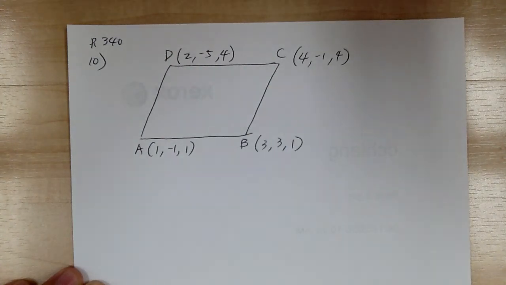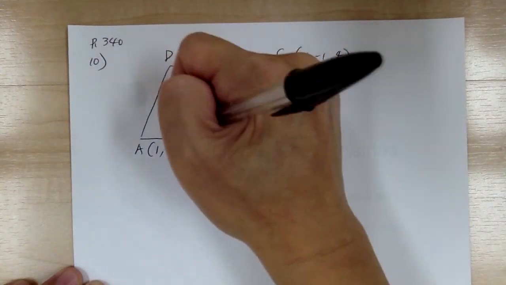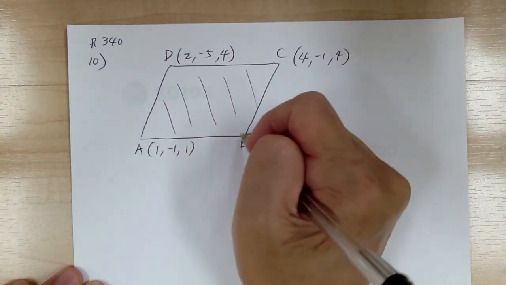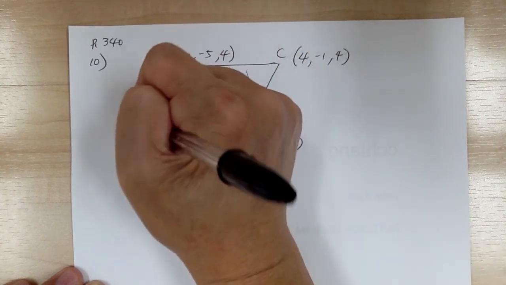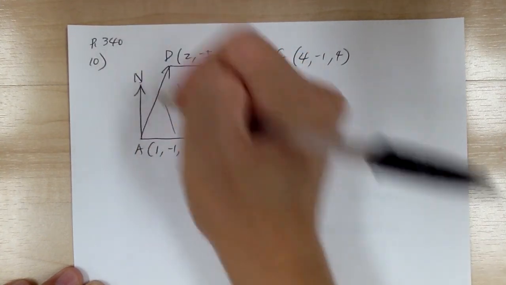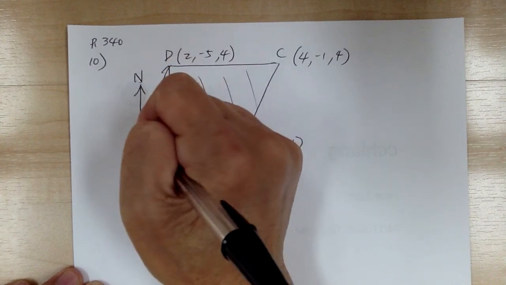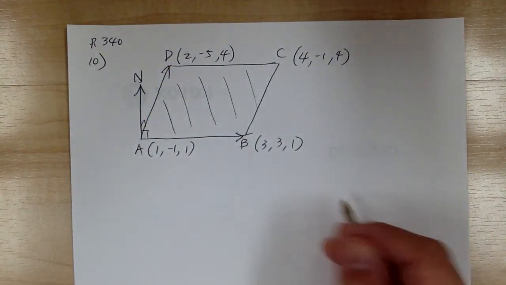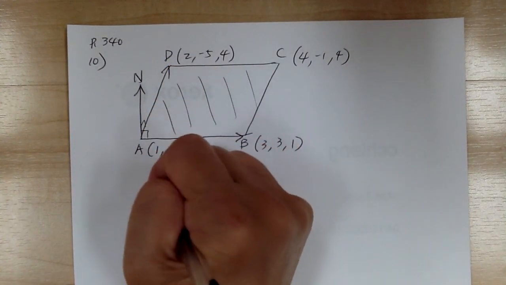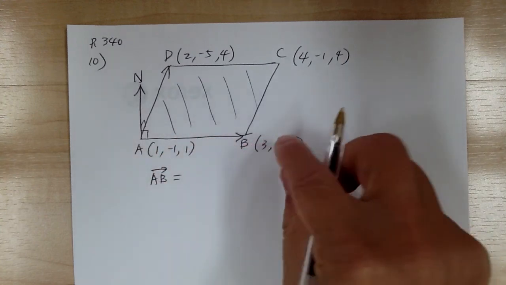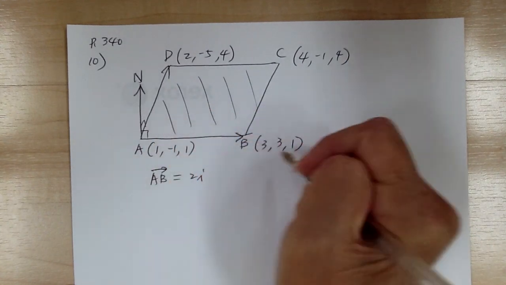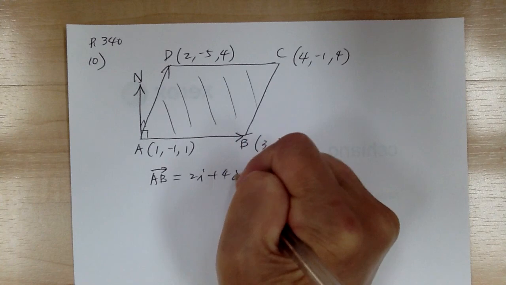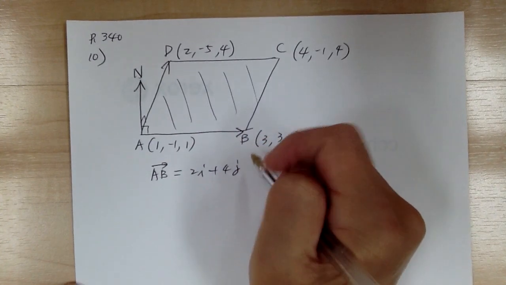So again, the key to do this is make sure you get the 2 vectors. So that way you can get the normal. So vector AB, so just use this minus side, you get 2i plus 4j, and that's it.